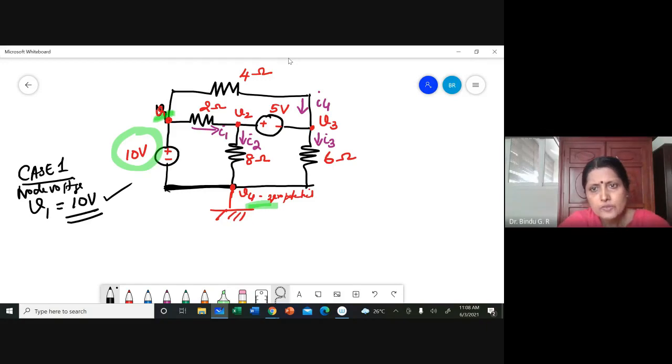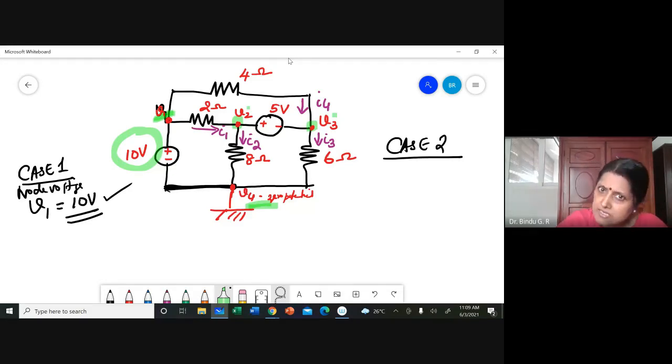But case 2. Suppose the 5 volt voltage source is connected between which nodes? V2 and V3. V2 is not a reference node, nor is V3. So this is called a supernode.